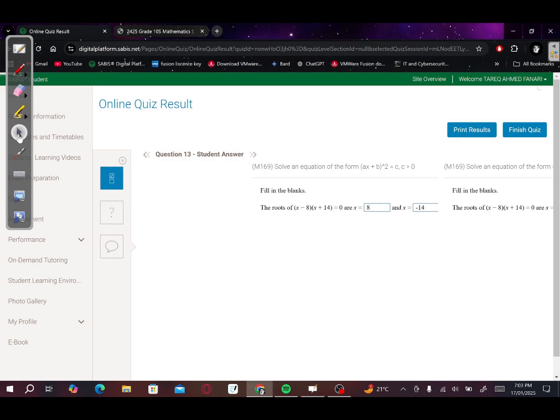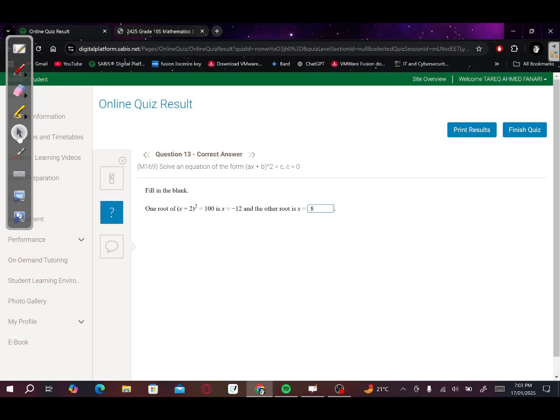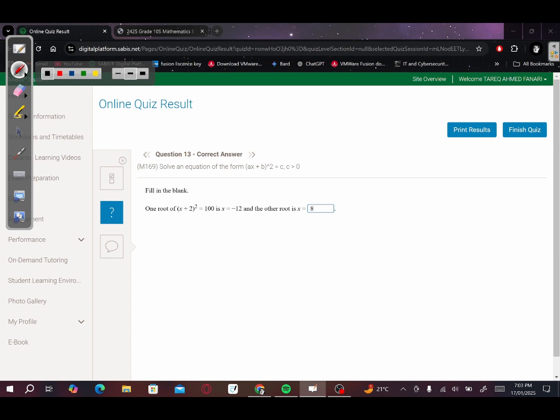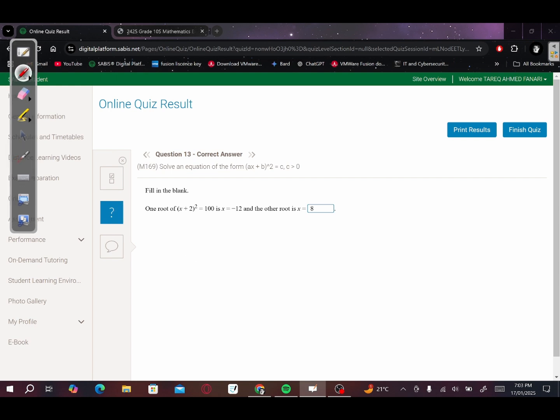Question 13. One root of x plus 2 squared is equal to 100 is negative 12. And the other one is blah, blah, blah. Okay, we're going to square root both sides. So x plus 2 is equal to 10 plus or negative.